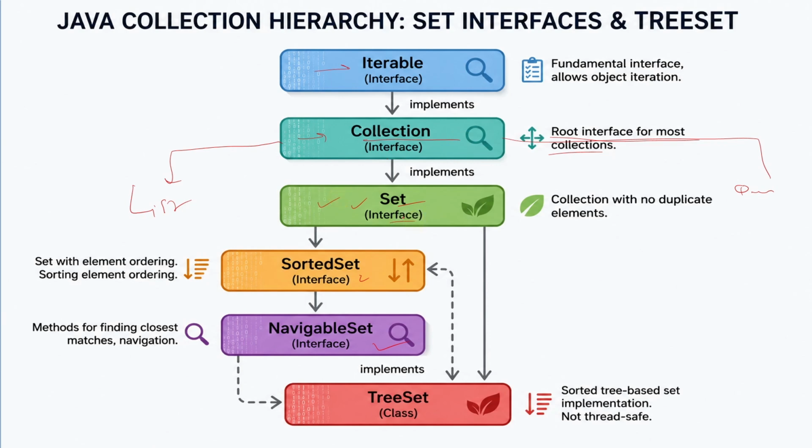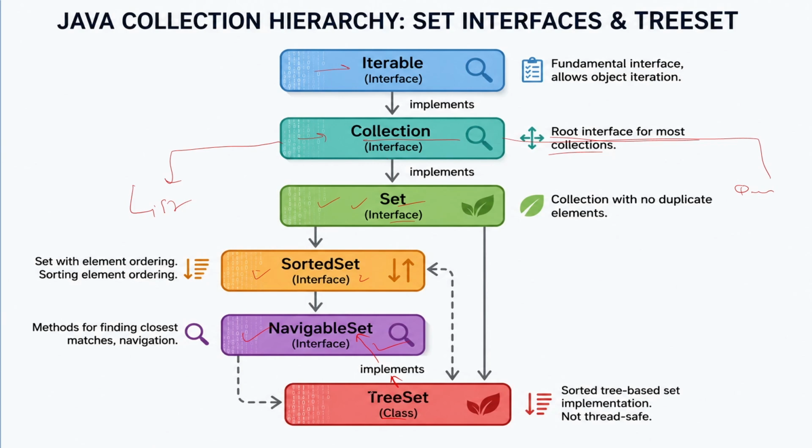Now the Set interface again has a child interface, SortedSet, and SortedSet has another child interface, NavigableSet. And TreeSet is the class. Focus on the word: TreeSet is the class which implements NavigableSet. That's why we say TreeSet is an implementation class.